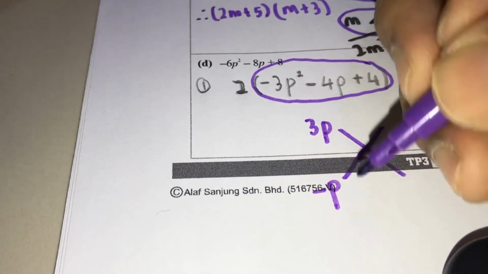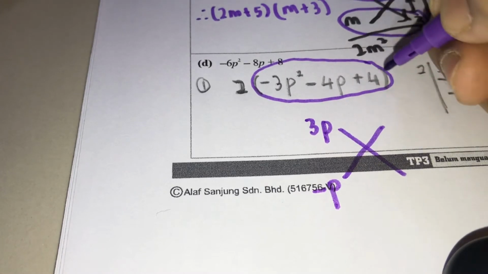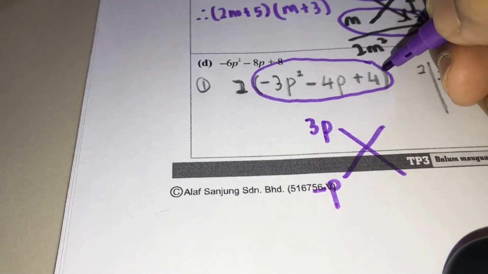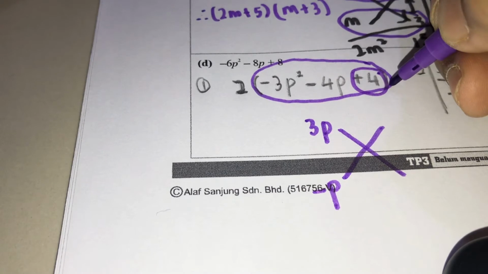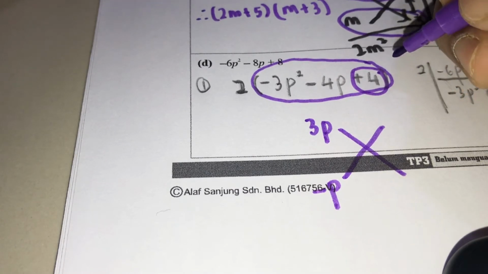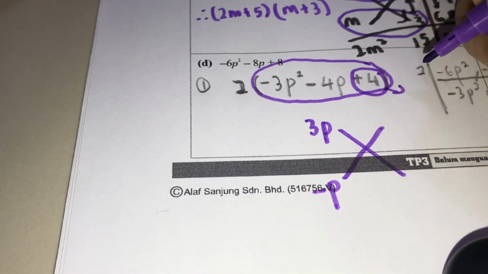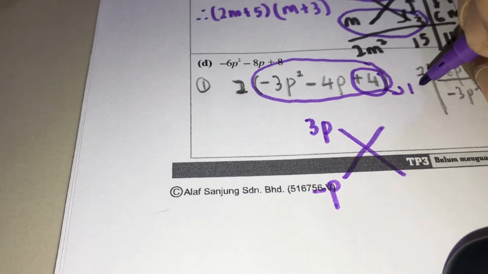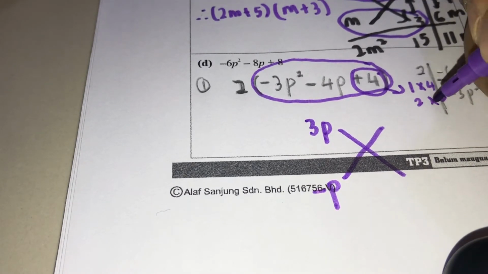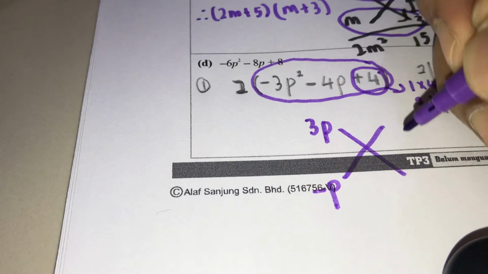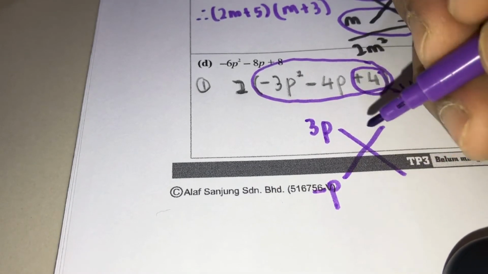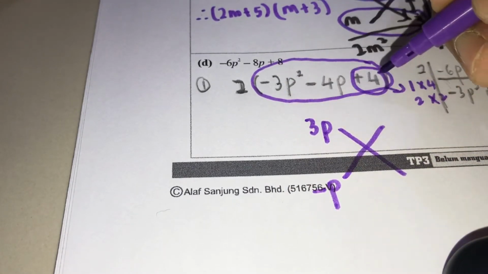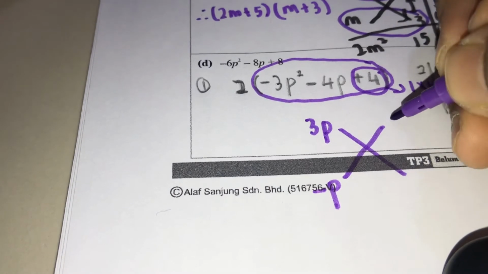Then here 4: either 1 times 4 or 2 times 2, right? You can try, you write here, and then you cross and check with this. So I choose 2 times 2.